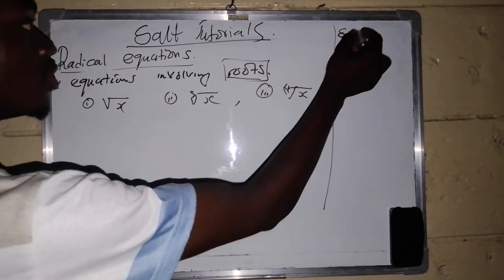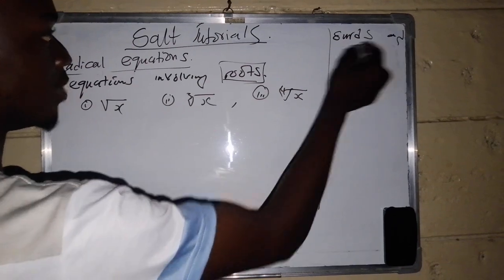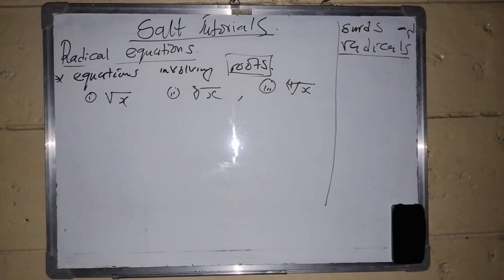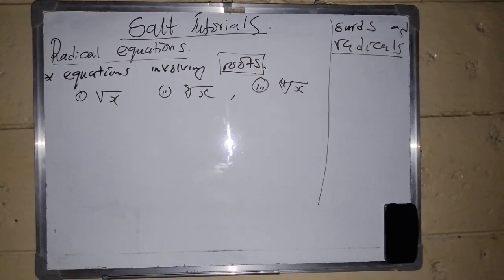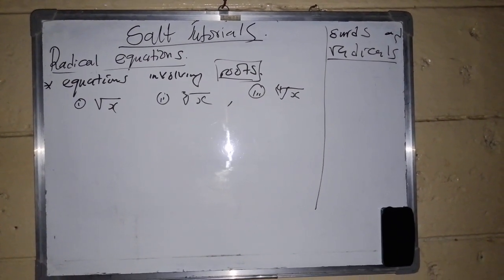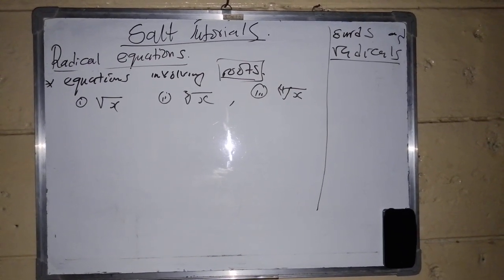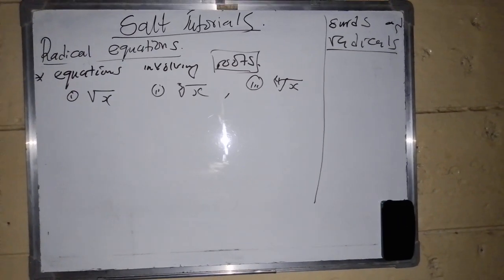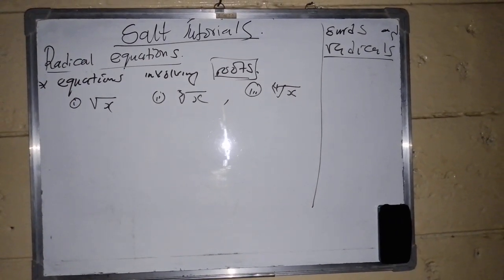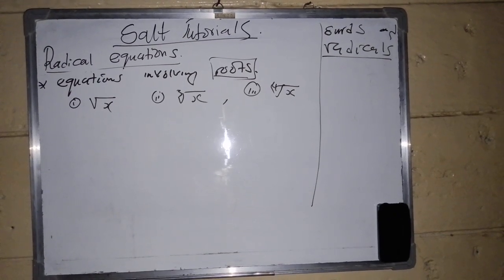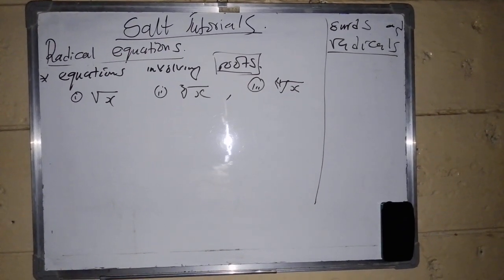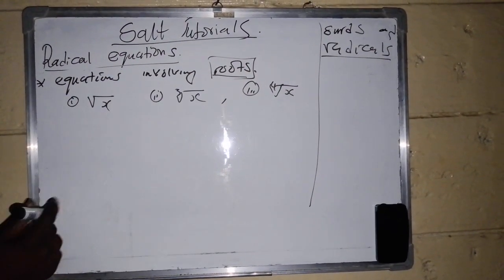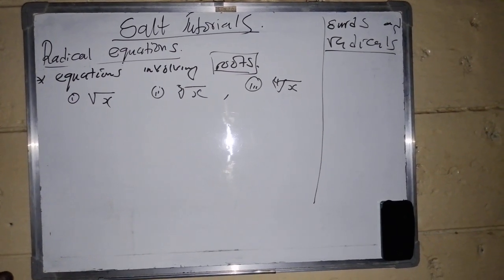If you've not gone through it, please find time and look at that video, where you're supposed to learn how to simplify surds, how to simplify radicals, and some of the properties and rules involving surds and radicals, because we'll be using most of them when solving equations. All these formats which involve such roots are basically called radical equations.